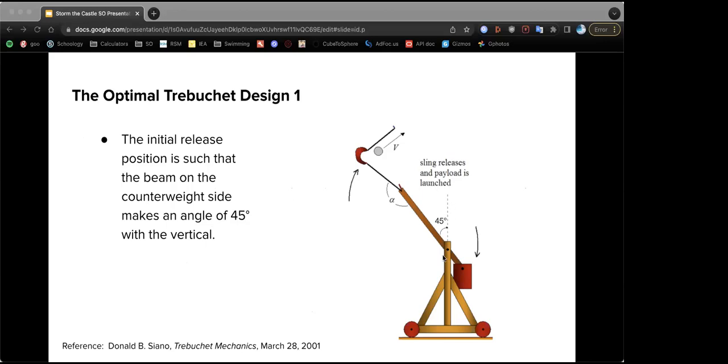What that means is this is the vertical part, and this angle needs to be 45 degrees. It is scientifically proven that when this is 45 degrees, the initial release point of the payload is the most optimal for achieving a great distance.